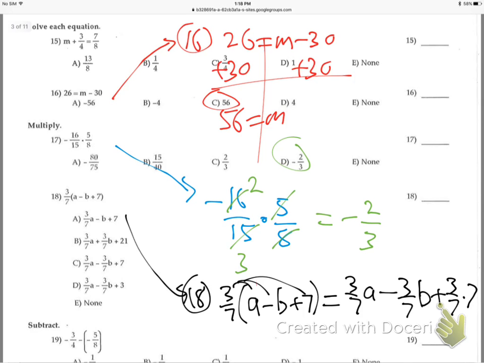All right, now, the 3/7 a, 3/7 b, they're done. But what is 3/7 times 7? What happens there? Yeah, it's a 7/1, so these guys cancel, don't they? It's just 3. Right, you with me? So the answer then is 3/7 a minus 3/7 b plus 3.